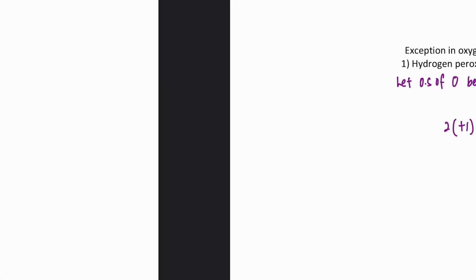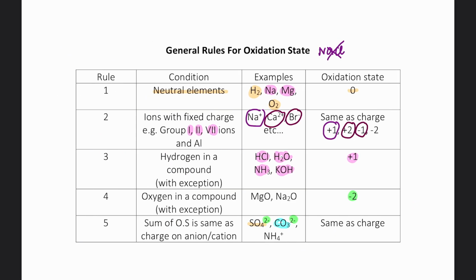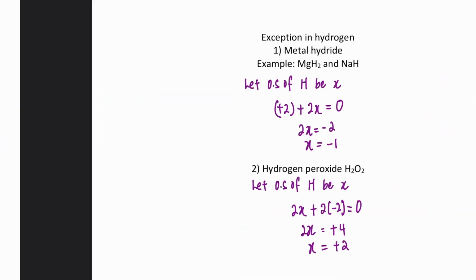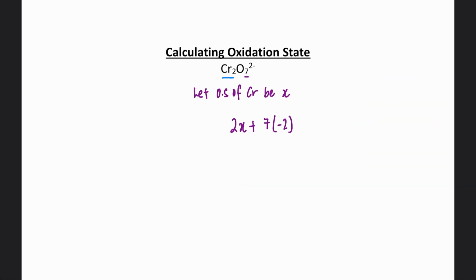And remember rule number 5: the sum of oxidation states will be equal to the charge of the anion. In this scenario, it is -2. This is the sum. Solving for it, we'll have -2 plus 14, and when we solve for x, x is +6.